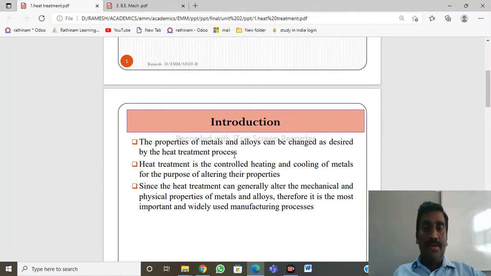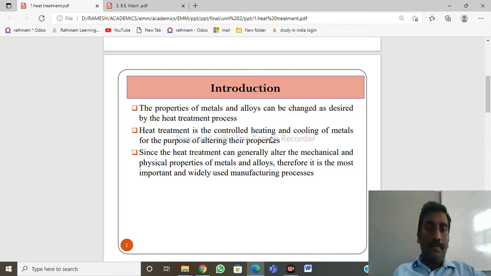Why do we need heat treatment for alloys and steel? Heat treatment is the controlled heating and cooling of metals for the purpose of altering their properties. Engineering design requires several kinds of material properties to serve its purpose, but unfortunately no single material has all the required mechanical properties.